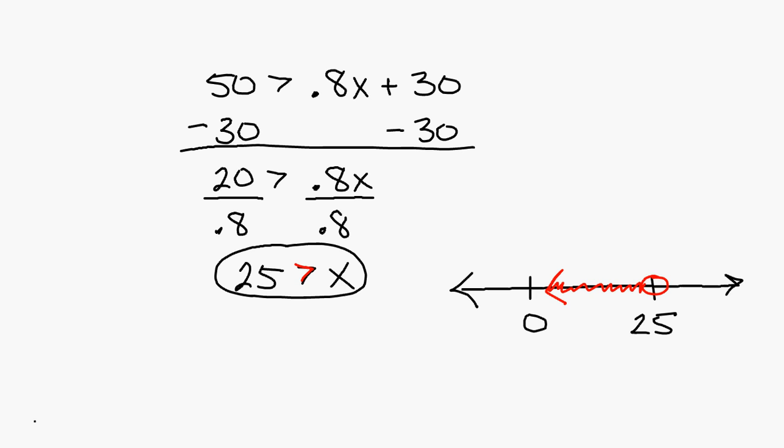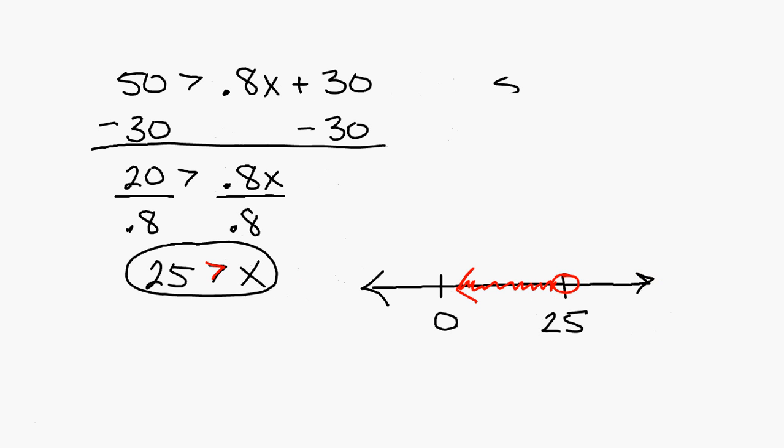So when you're checking your answers, you can use 0. So is 50 greater than 0.8 times 0 plus 30?